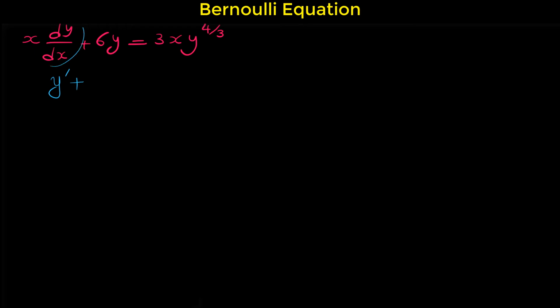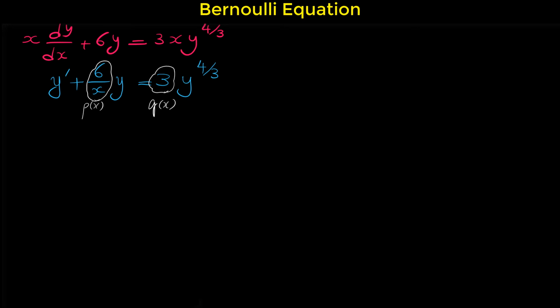So the first step is to write the differential equation in this form. I prefer to write y prime instead of dy over dx, plus 6 over x y equals, don't forget we have to divide this side also by x, then we have 3 y to the 4 over 3. Now we have a Bernoulli equation in the standard form. Note that this is p of x and this 3 is q of x.